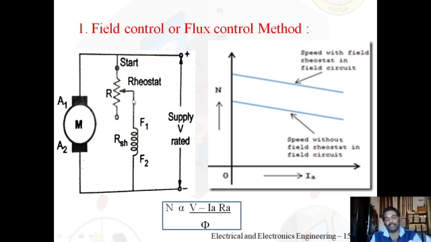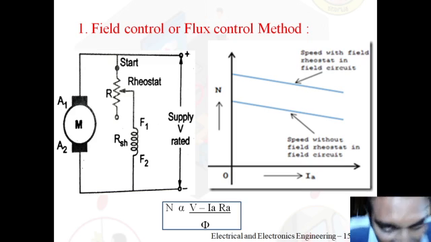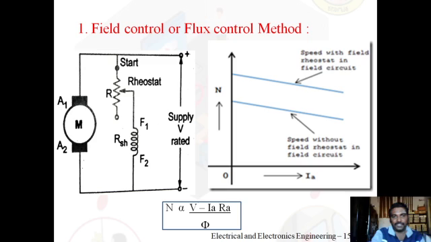Now let us change the value of resistance to R1. Let us assume some value of resistance is placed. Let us change the value of R to R1, some value. This point only we can consider. The rheostat is placed in this particular position, some value of R is increased. At that time what will happen?